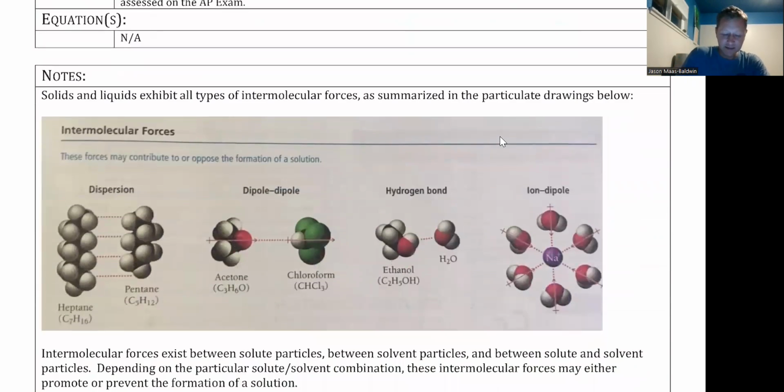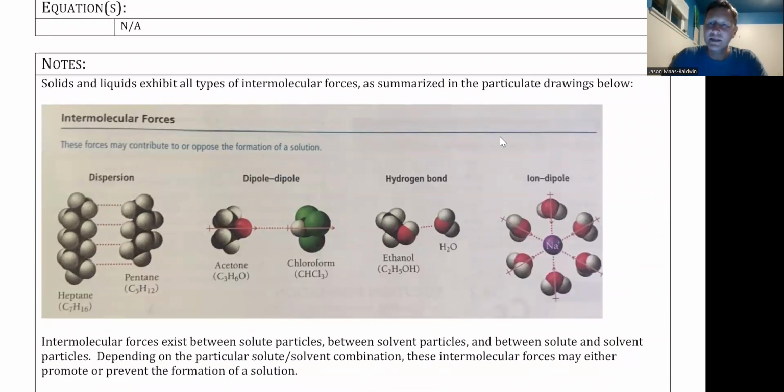But basically, if we mix things together, which is the definition of a solution, then those things will have some form of attraction to each other. And if those are two nonpolar things, then they're going to exhibit dispersion attractions.